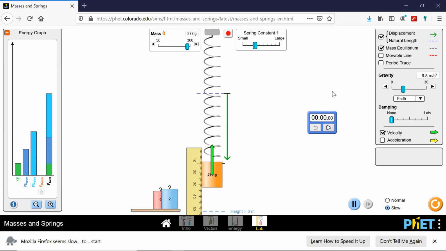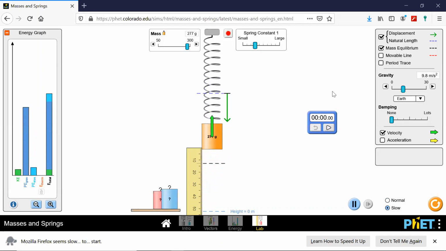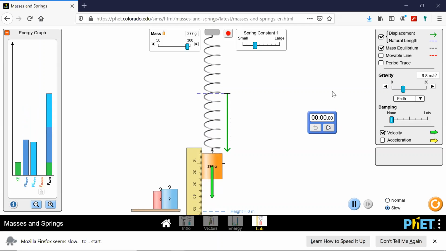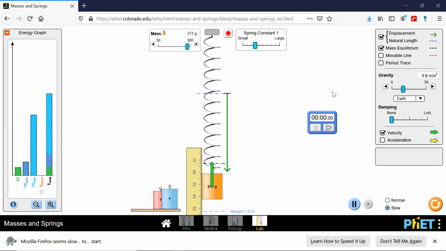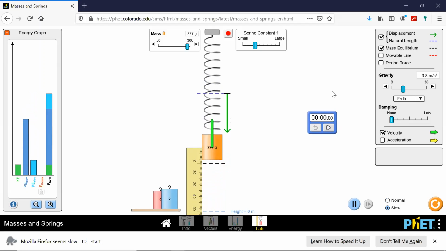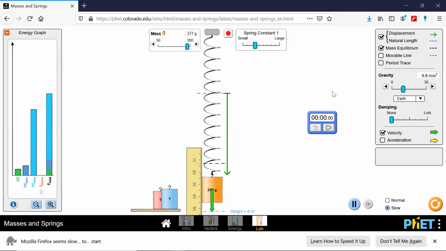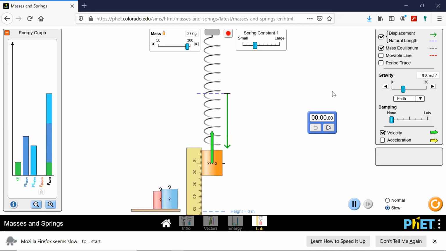However, see that at the very top and at the very bottom, the velocity is 0, right? Very top is 0. Very bottom, the velocity is 0. That's exactly what we discussed at the beginning. If the velocity is 0, that means the kinetic energy is 0. But since energy doesn't change, this is an isolated system.